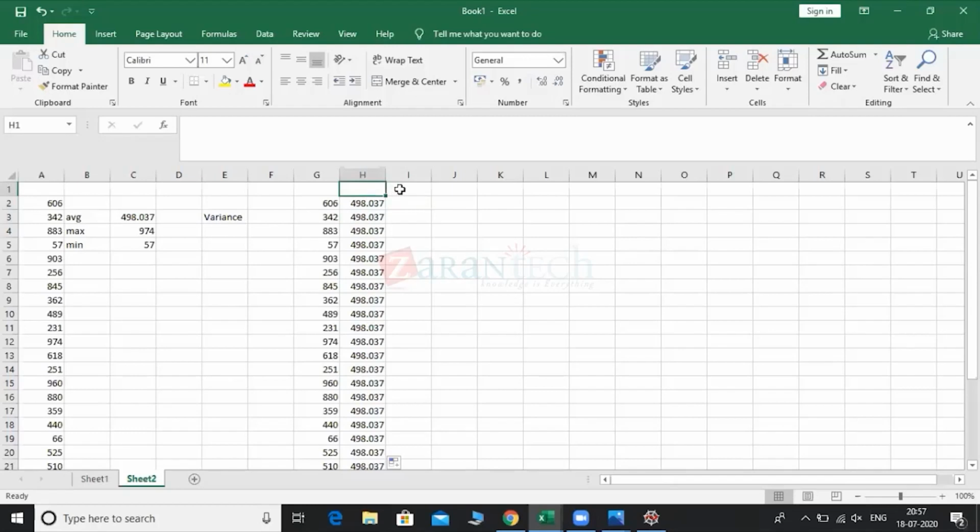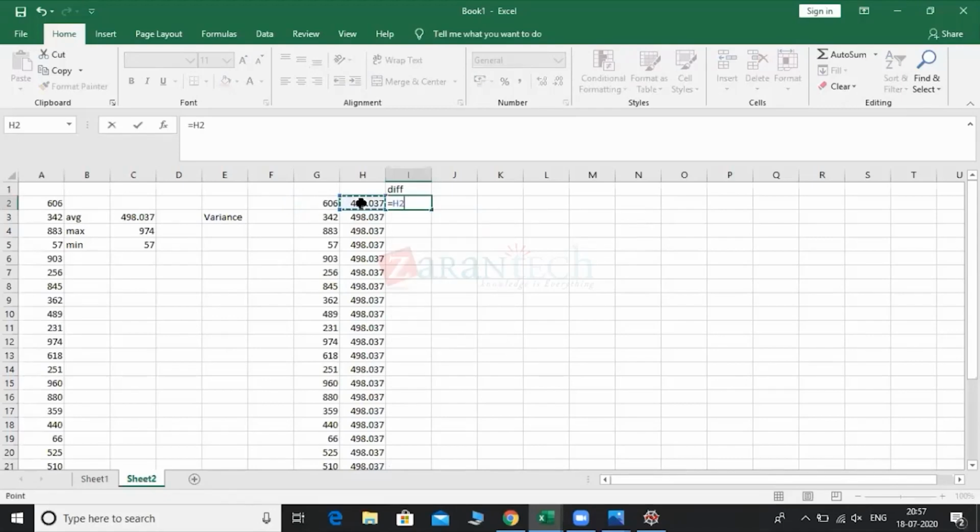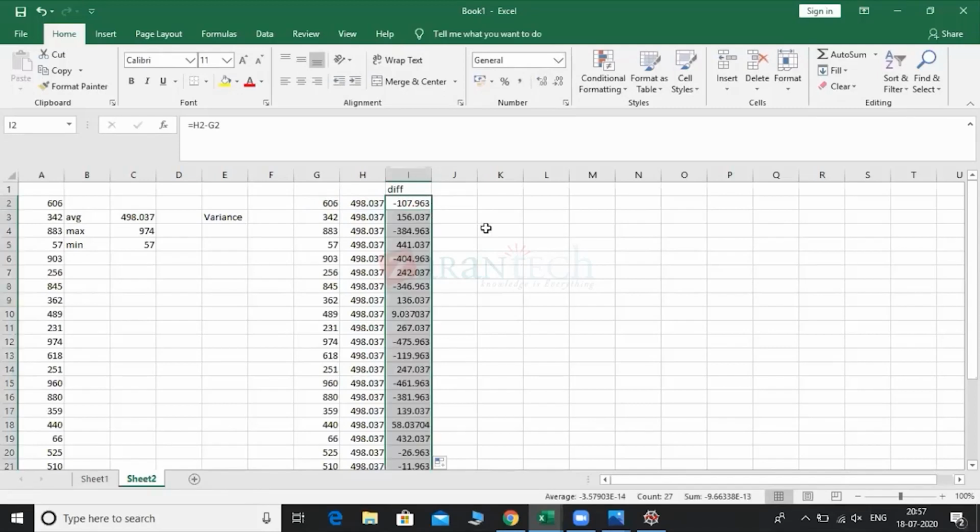Let's say how different is the data set from the mean. For an example, this is my average number and this is the digit here, right?